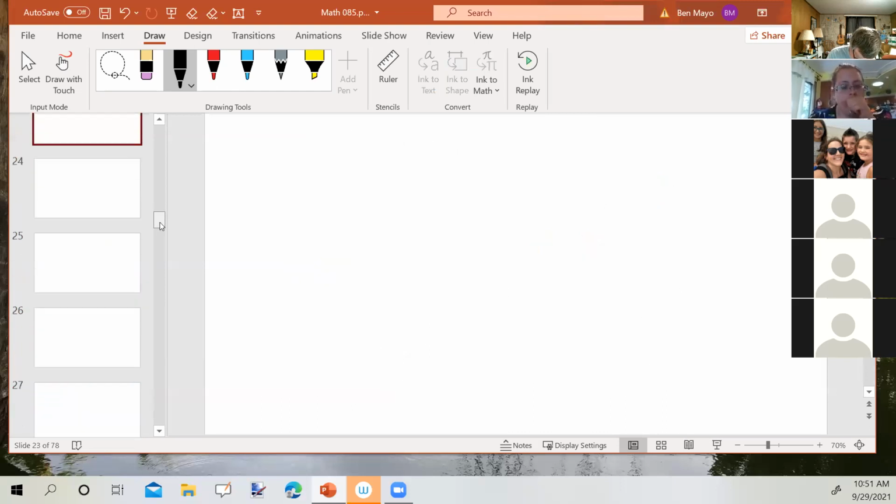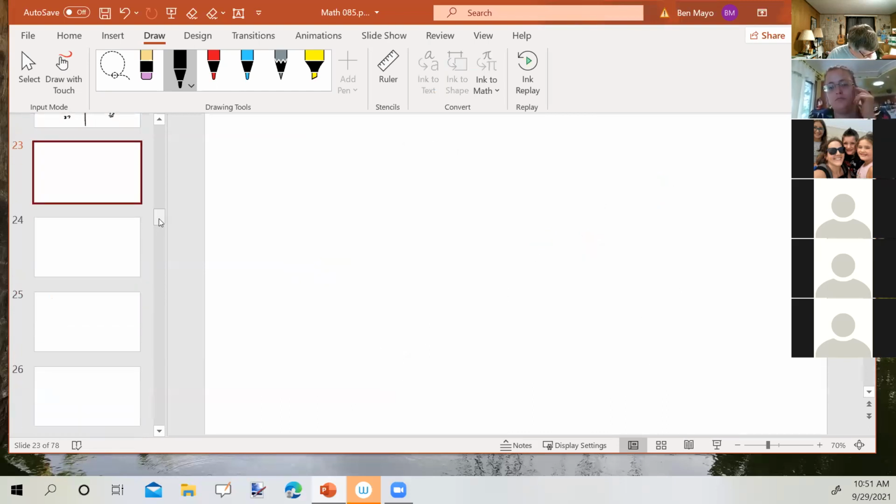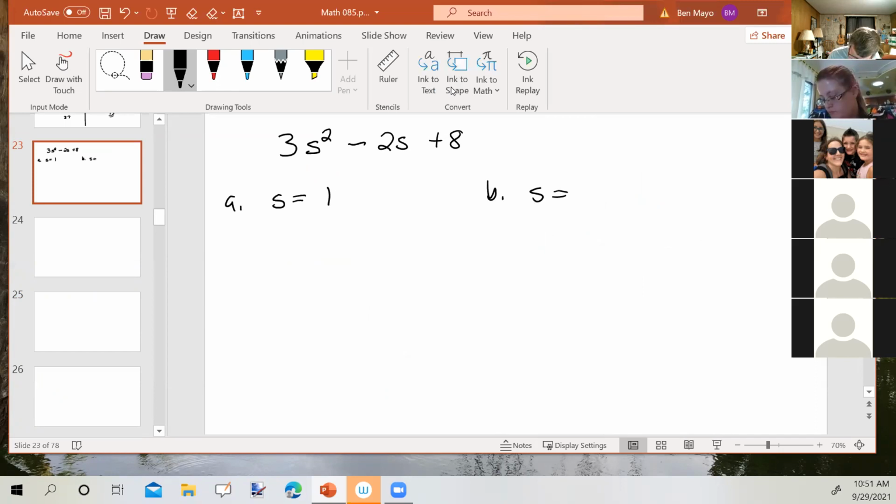Let's take a look at some other examples. 3s squared minus 2s plus 8. We want to find part A where s is 1 and part B where s is 0.